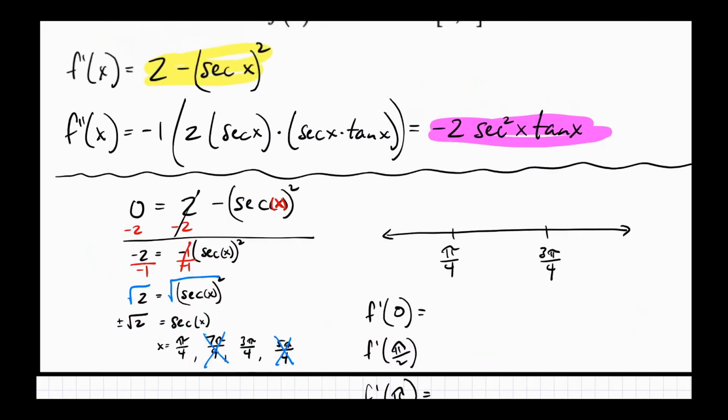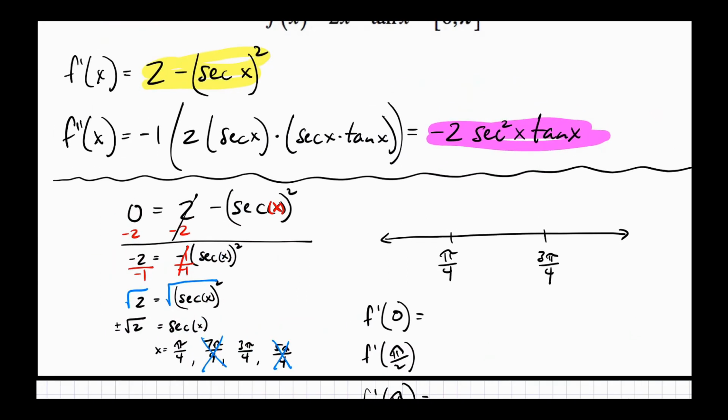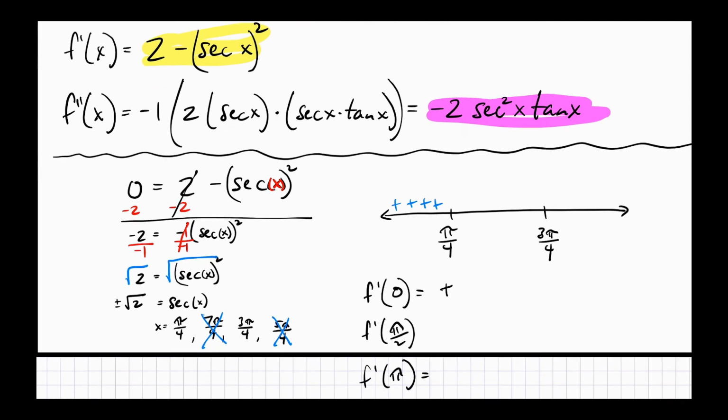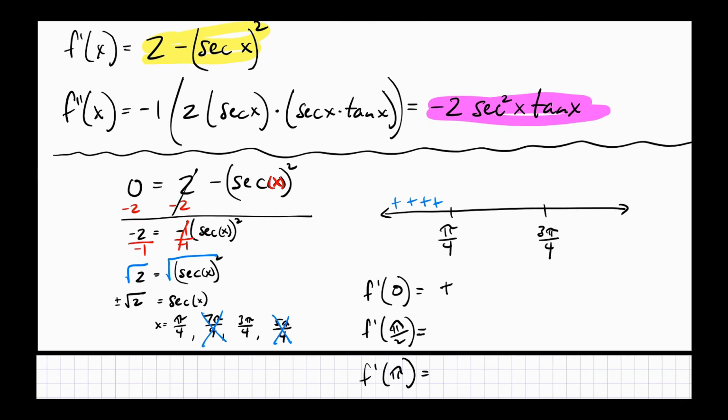If you have your chart, it's super easy because the first derivative is right here. So you just plug in 0. What's secant of 0? 1. 1 squared is still 1, right? 2 minus 1, positive number. Okay, pi over 2.